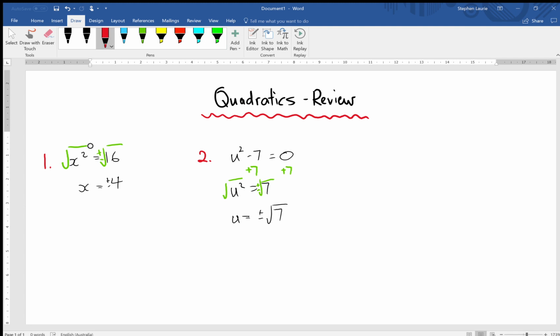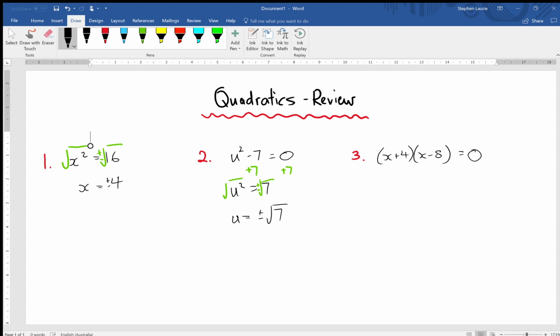Alright, example 3, or question 3. x plus 4 multiplied by x minus 8 equal to 0. How'd you go with that one?